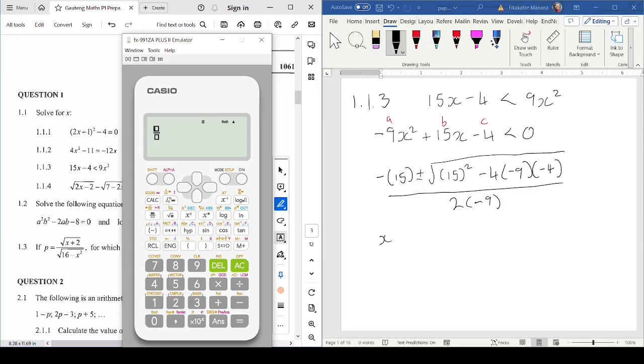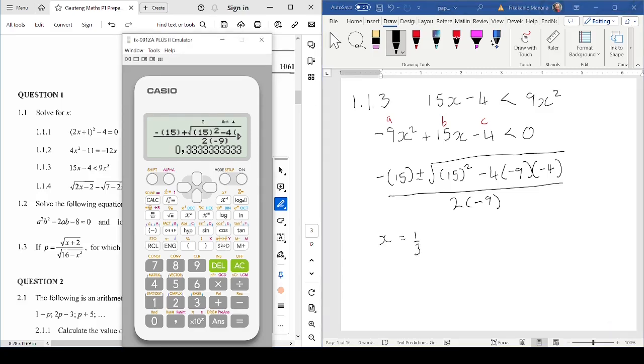Put that, open the bracket, 15, close it, start with the plus, square root, open the bracket, 15, close it, square it, minus 4, open it, there's a minus 9 there, close it, open it, there's a minus 4 there, close it, go downstairs, 2, open it, minus 9, close it, equals. Okay, so we have 1 over 3.